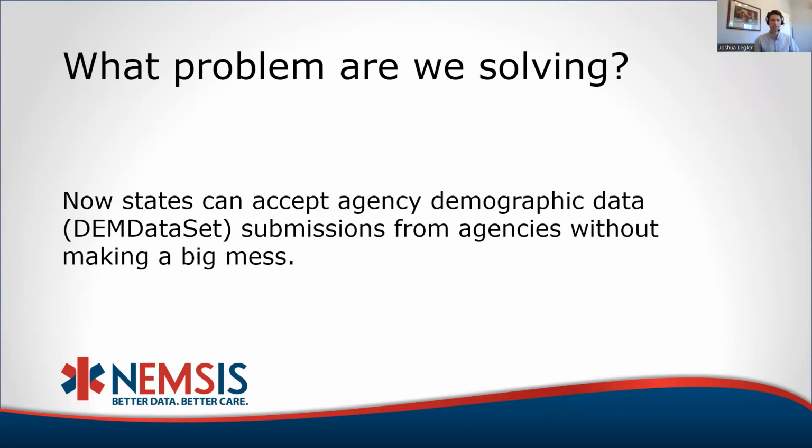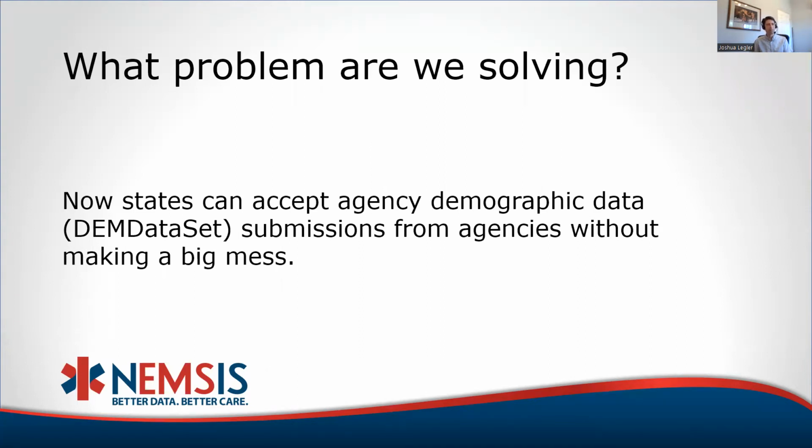So the UUID was adopted to solve that problem, so that when an agency submits demographic data to the state, they submit those updates. The state system has an easier time processing that data and identifying what was added, what was changed, and what was removed from the agency demographic data set.